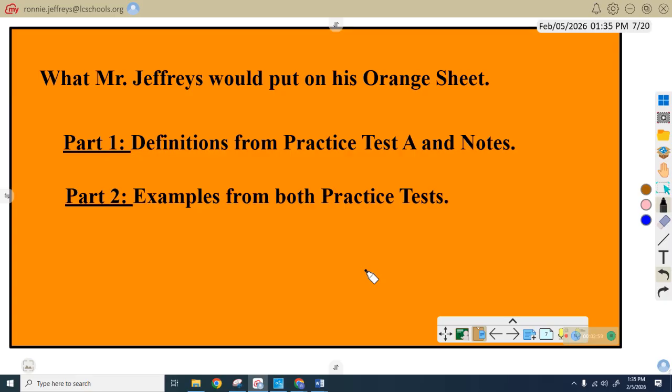So also, any examples from the practice tests and notes, okay? I might be real lazy today and just start picking problems from your practice pages and notes. I've done that before, and people have missed the problems.